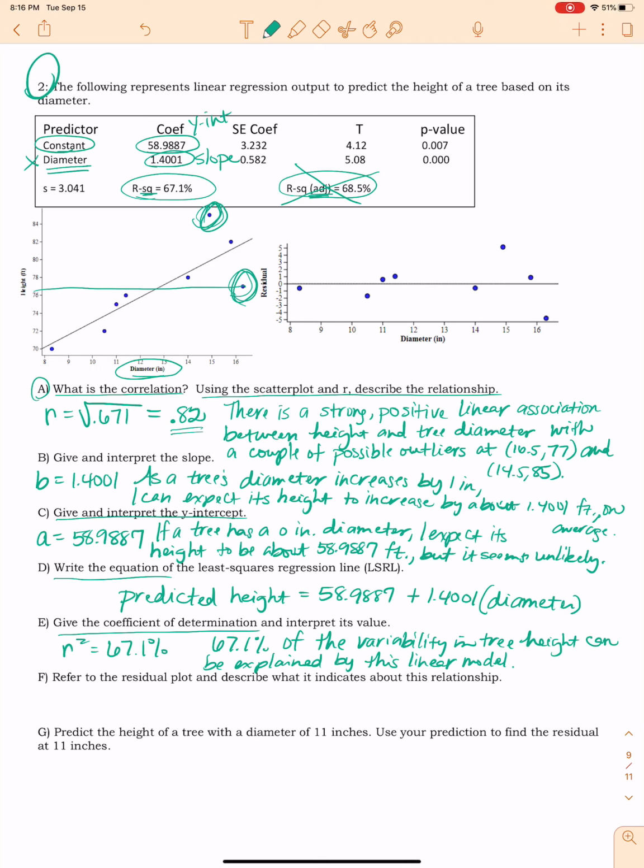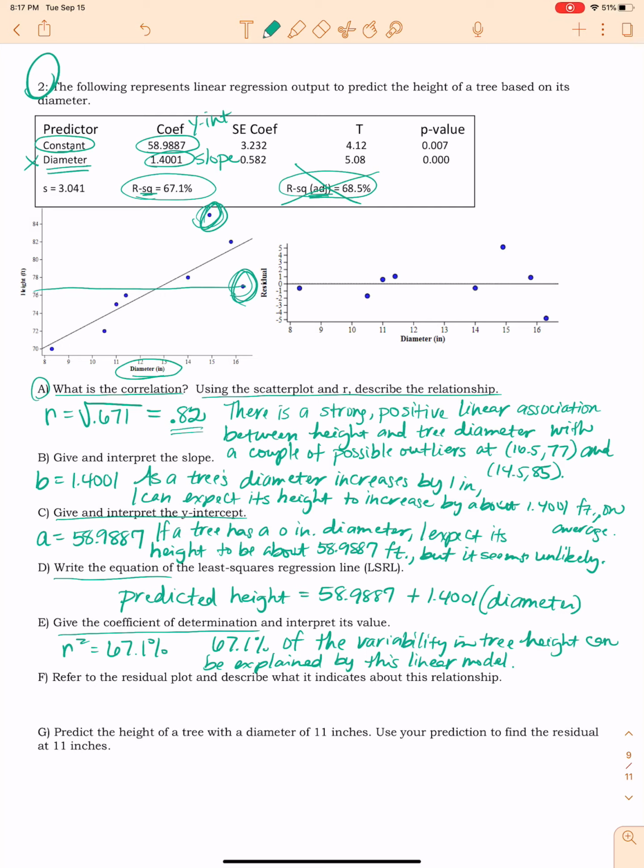To expand more on the coefficient of determination, this means that 67.1% of our variability in our tree height, so how tall the tree gets, 67.1% of how that varies, can be attributed solely to its diameter. There are lots of other factors. It could be weather. It could be an increased presence of man near the trees. I mean, who knows? It could be due to all other kinds of things.